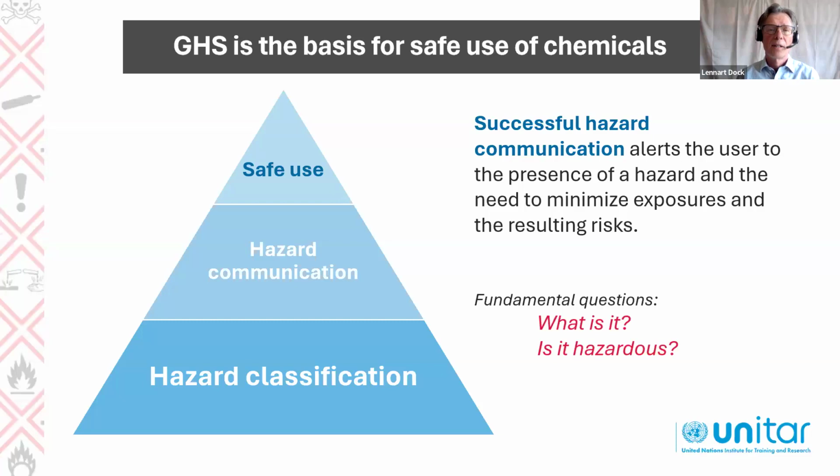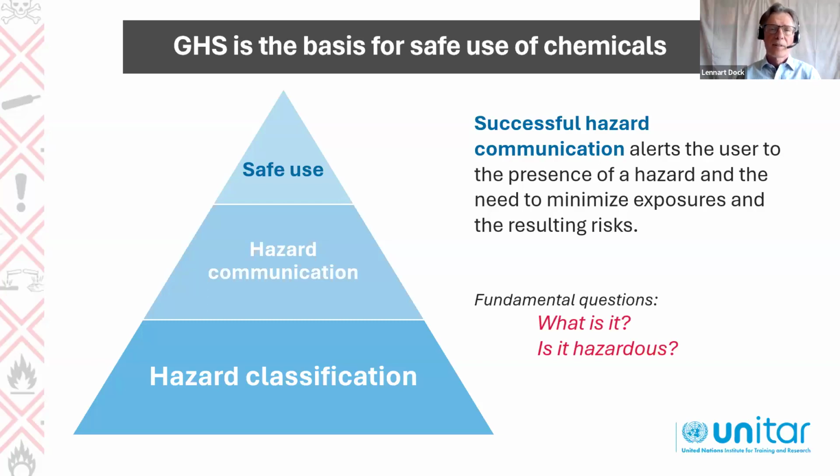We have the basis: hazard classification is the foundation to any system, any legislation dealing with chemicals. Without knowledge of the properties of the chemicals, how can we advise people how to handle them? How can we ensure safe handling? How can we do a risk assessment comparing exposure and properties and understand the risk of using these chemicals?